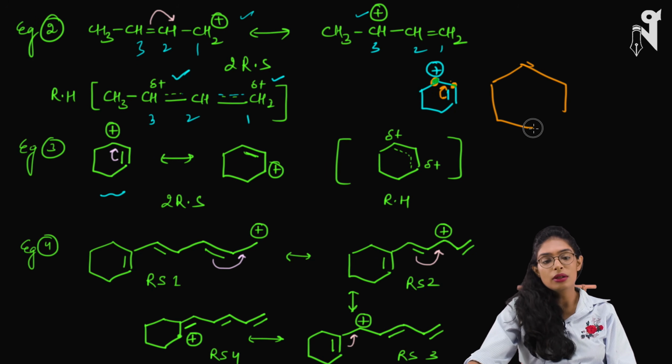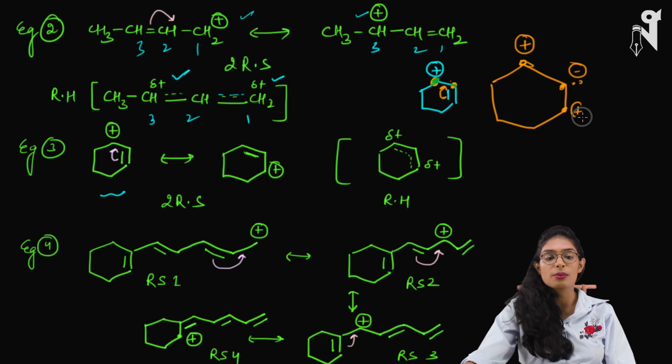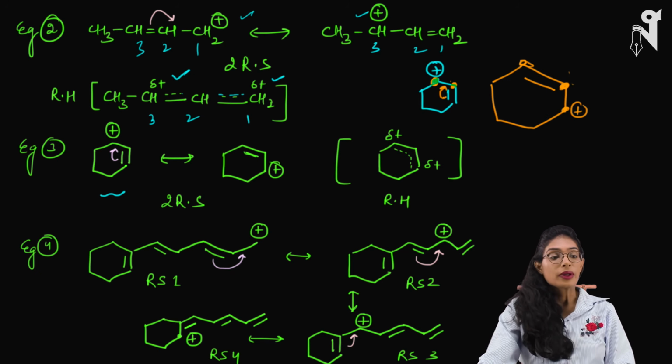So the existing one will break, and how will it break? This carbon has a positive charge, so this should be negative to get a pi bond, and this should become positive. So the bond will break heterolytically. This carbon will get a negative charge and this carbon will get a positive charge. This negative and positive will form a pi bond, and we will not show this plus and this minus. So the pi bond has got shifted from this position.